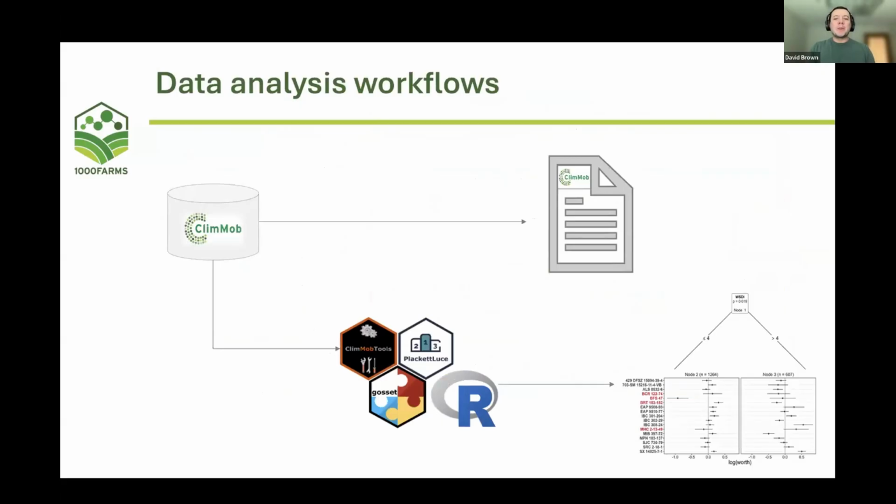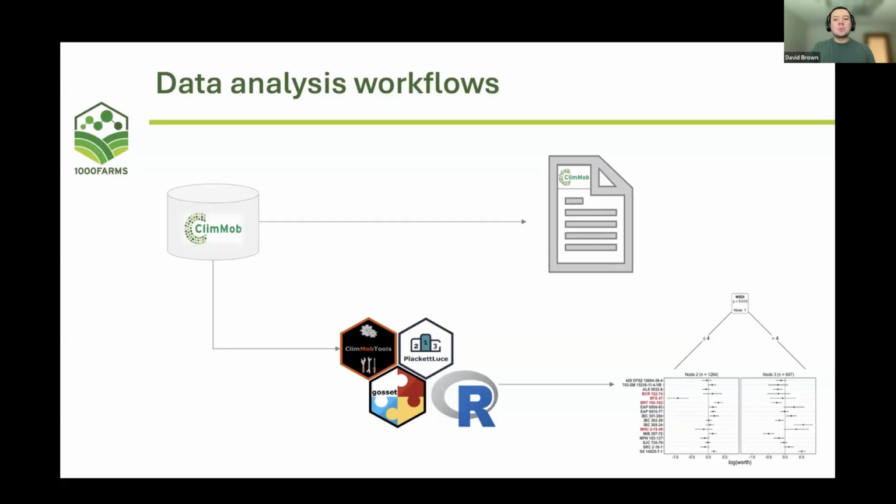One is to use the statistical tools integrated in ClimMob. The other is to use a set of tools and packages available to do a more customized analysis. Most of those tools have been developed by members or collaborators of the 1000 Farms project.